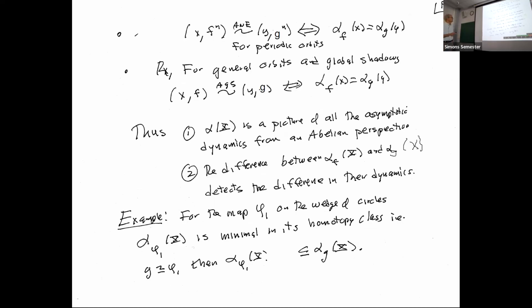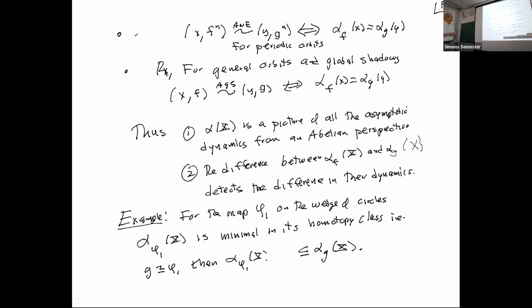So here's the theorem that I showed you last time in a special case: having the same image under the Franks map is the same as being abelian Nielsen equivalent. In general, global shadowing just means that the orbits stay a bounded distance away in the universal abelian cover. Then this tells us that Franks map is exactly keeping track of global shadowing classes.